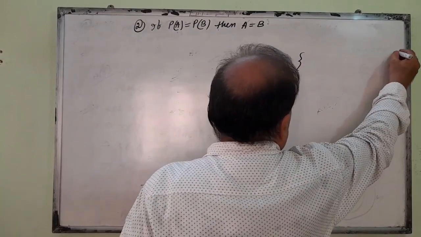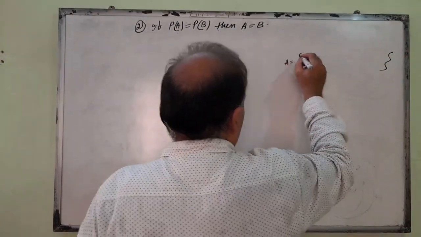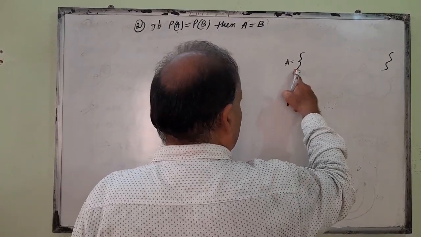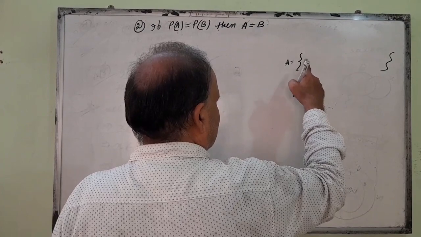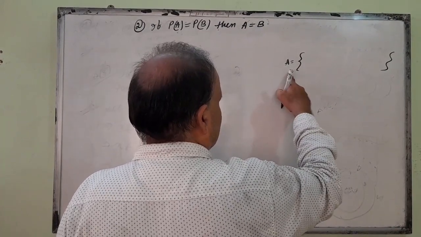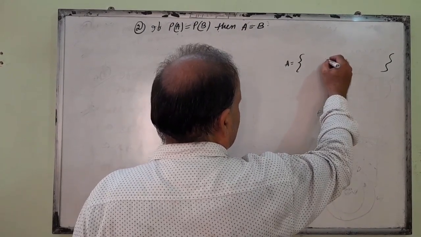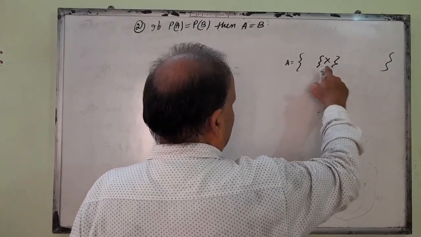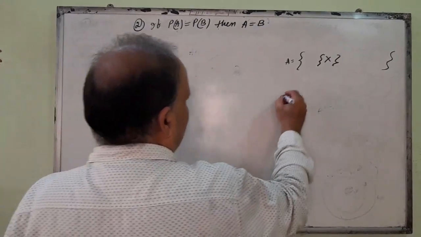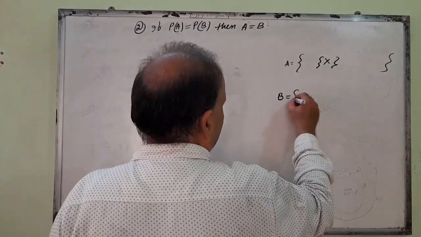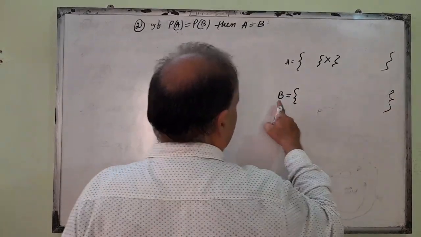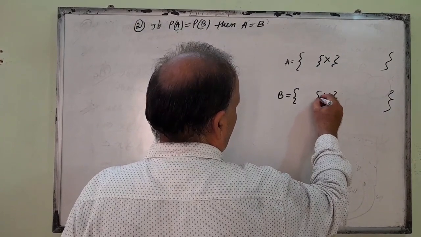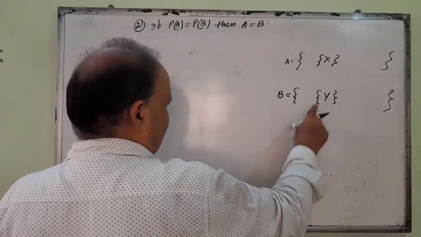Suppose this is your set A, and you take an element X in set A, which is present in a subset capital X of A. Similarly, you take the set B, and an element small y of B which is present in the subset capital Y of B.